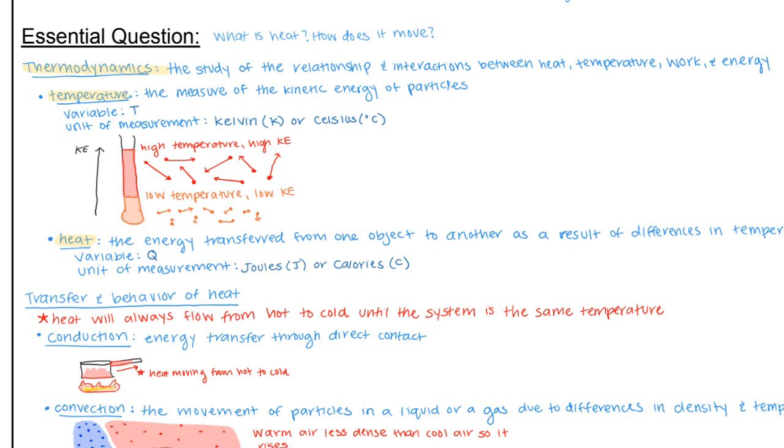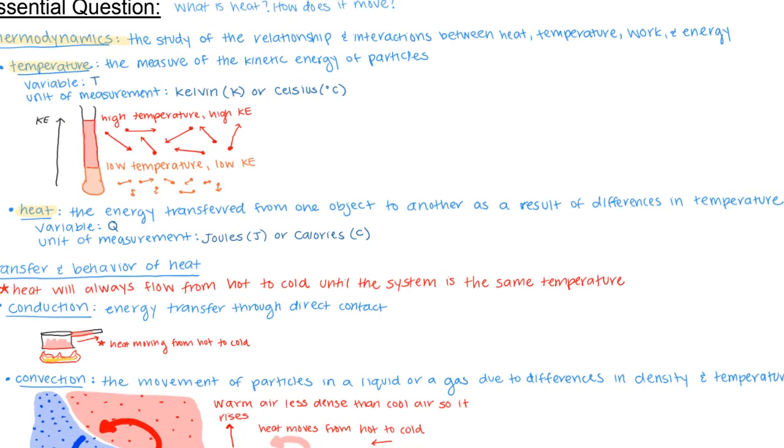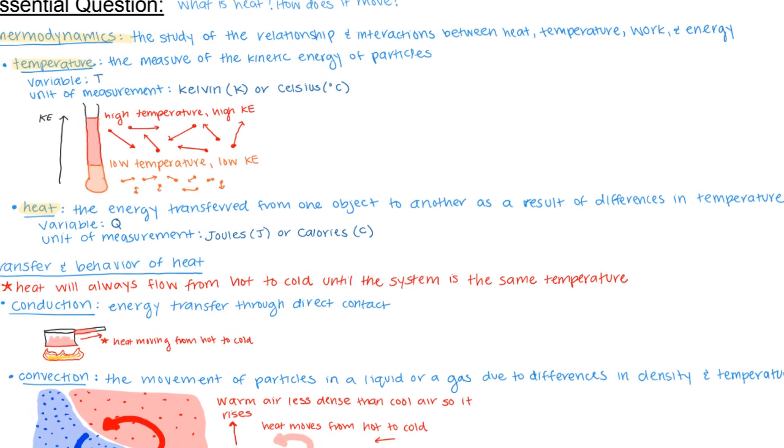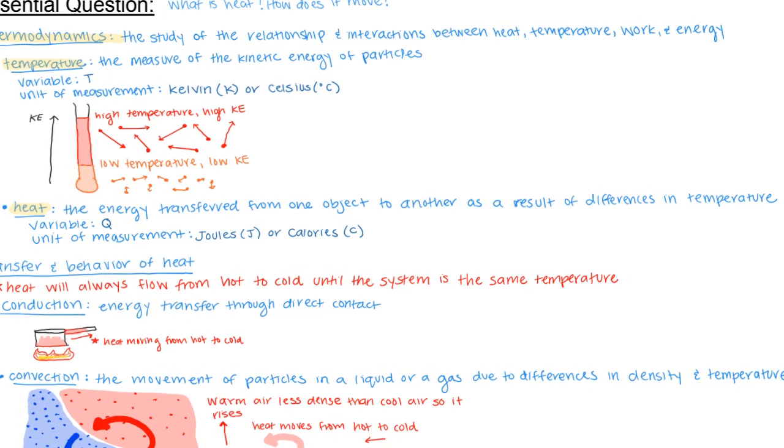Now, I do want to point out, temperature is different from heat. Notice there are two different definitions for temperature and heat. Heat is defined as the energy transferred from one object to another as a result of differences in temperature. The main thing I want you all to realize here is heat is another form of energy.